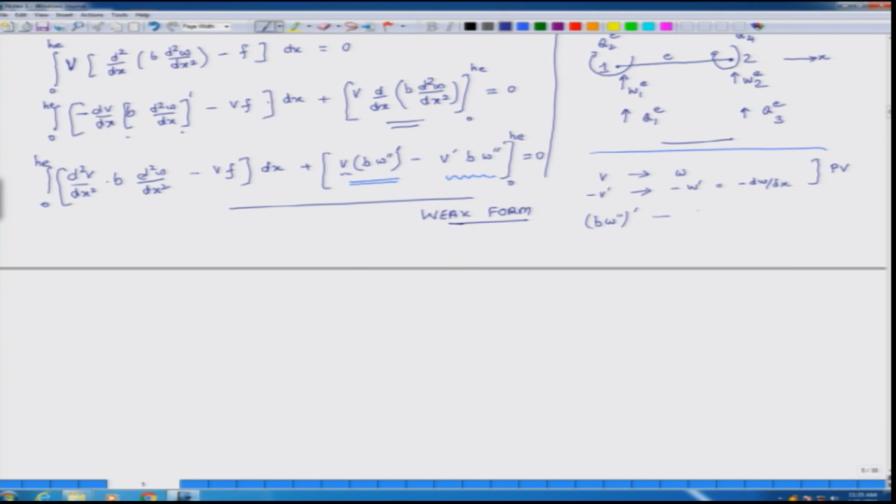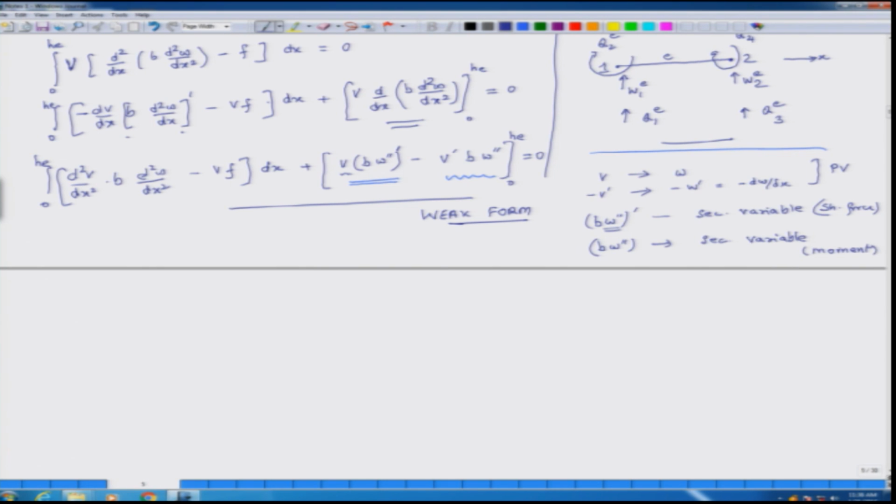So, this is my secondary variable, and physically this represents shear force, right, it represents shear force. The second coefficient we are talking about is B W prime prime. So, this is another secondary variable, and this represents moment.